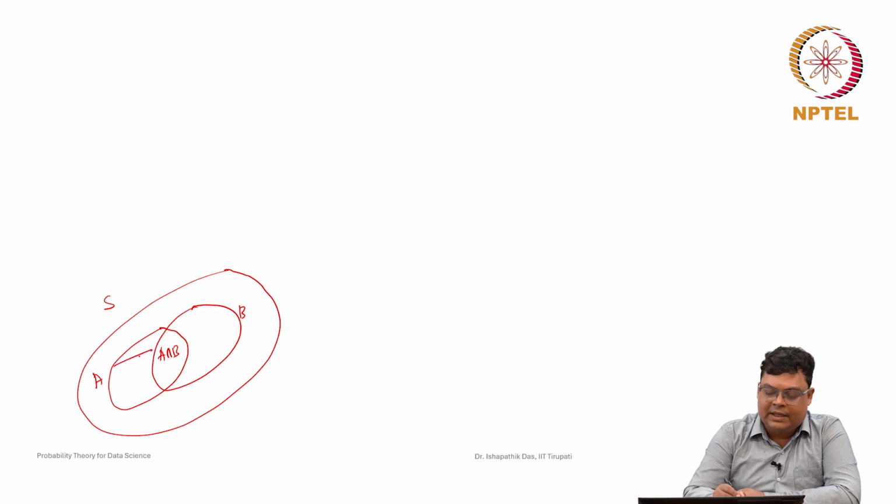So, one set is like this, another set is like this, and another set is this.